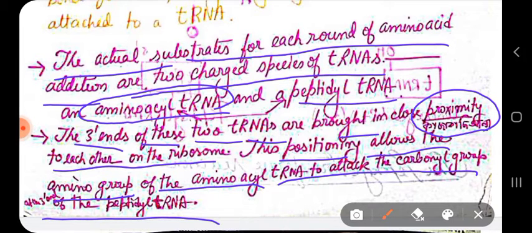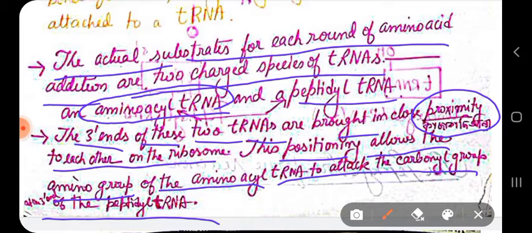So how does the peptide bond formation occur? Let us see. Once we get a peptidyl tRNA located within the ribosome and an amino acid tRNA which has just been inserted into the ribosome so that it can match with the codon sequence of the mRNA, that amino acid tRNA is carrying the amino acid which has to be attached to the peptidyl tRNA. So what happened?